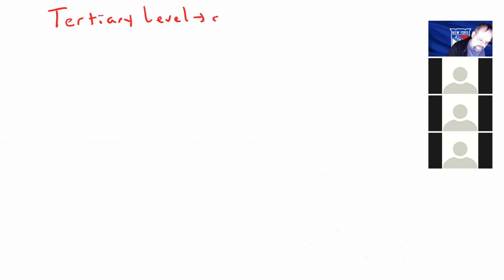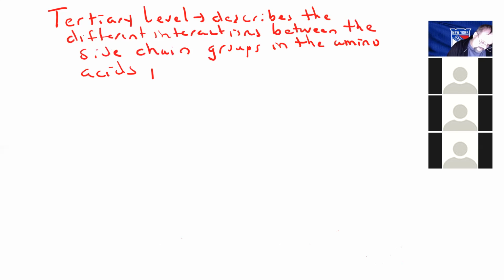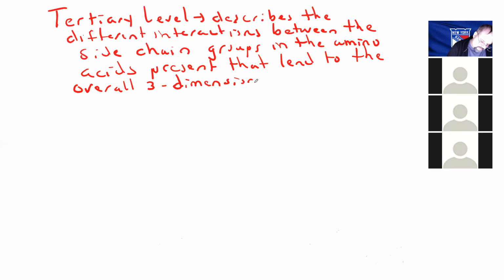The tertiary level describes the different interactions between the side chain groups in the amino acids present that lend to the overall three-dimensional shape of the polypeptide chain.